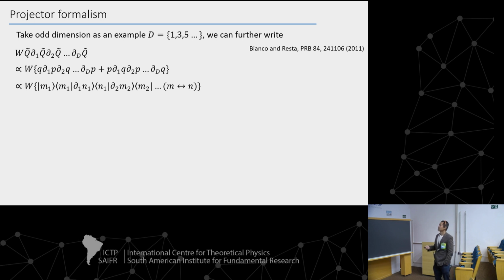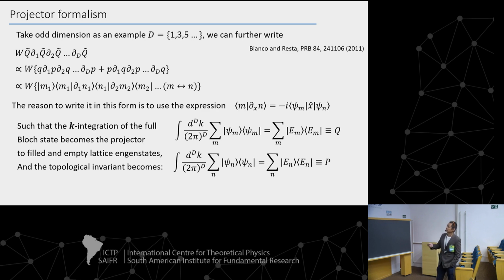Now, this is very nice because then you can use this famous Chern marker paper formalism to say that this kind of derivative is always equal to the full wave function sandwiched by a position operator and the wave function of the conduction band.